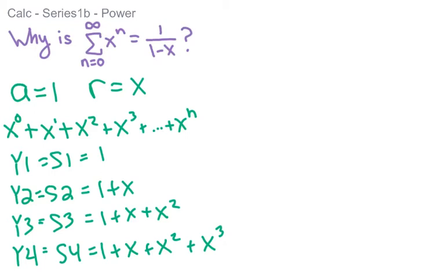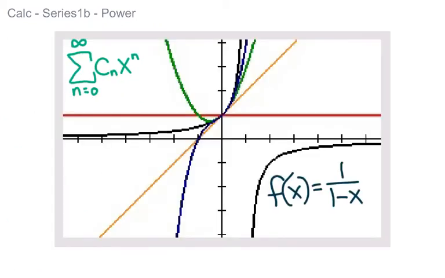So what I did was take that information and enter it in. I did a zoom decimal, and it gave me this visual here, which was the beginning of our video lesson. I worked with the colors here, so I made the function black, so that's 1 over 1 minus x. The first partial sum is just this red line, so you should have a horizontal line as well.